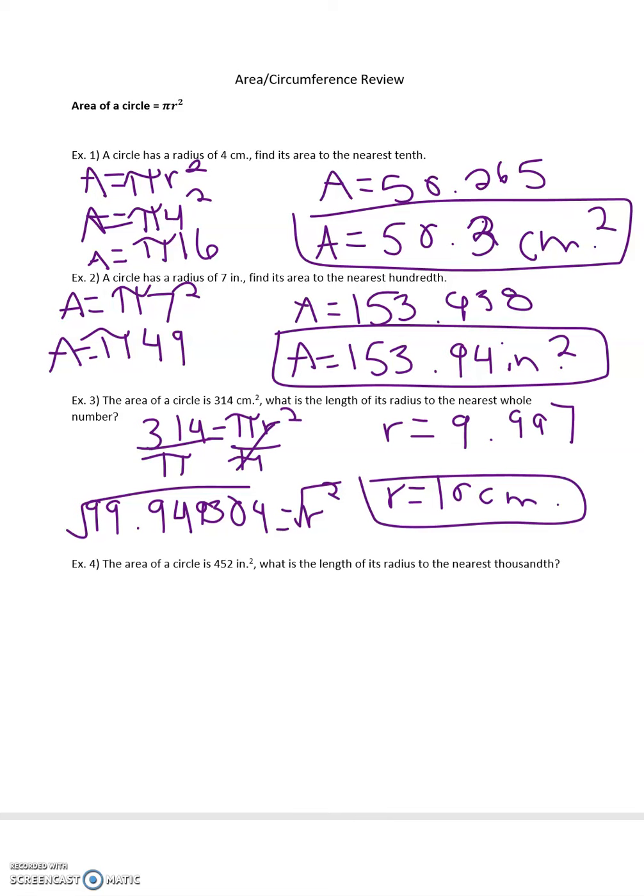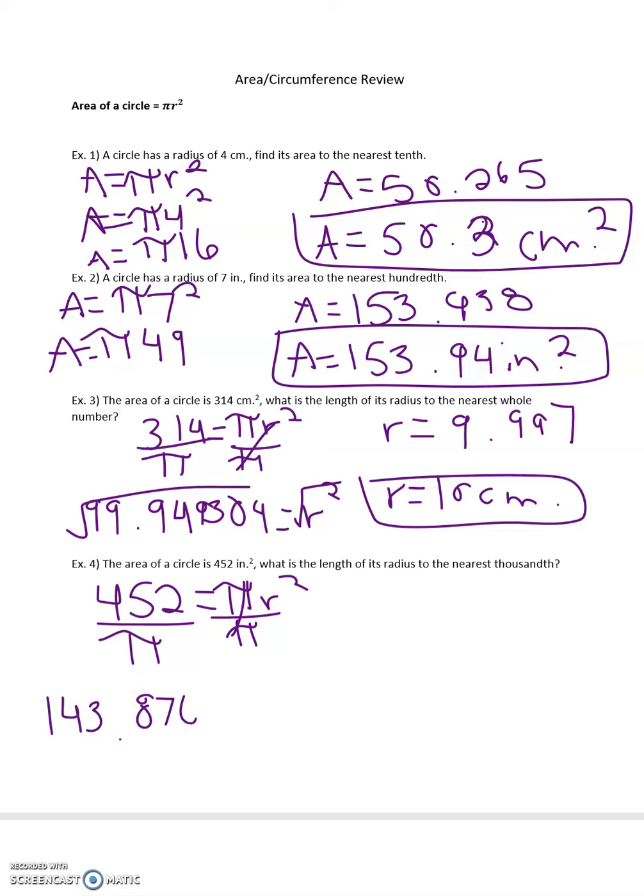So again, it's giving us our area, 452 inches squared. It's 452 equals pi r squared. I'm going to divide by pi again. That's going to be about 143.87606.